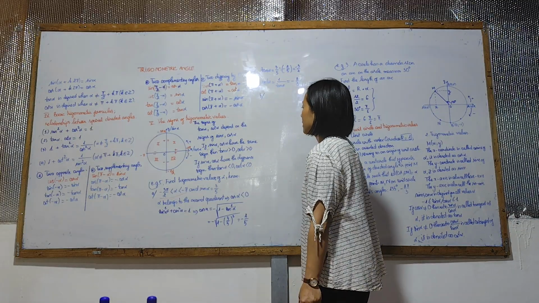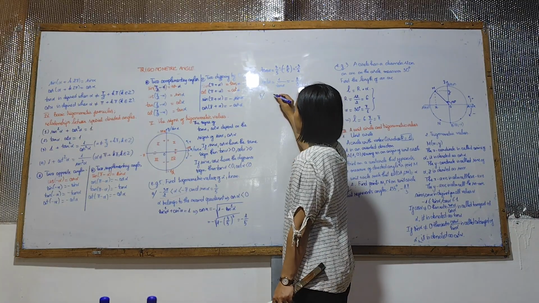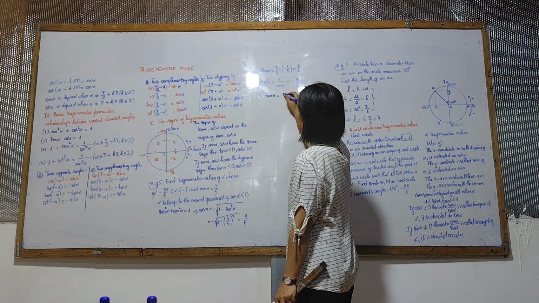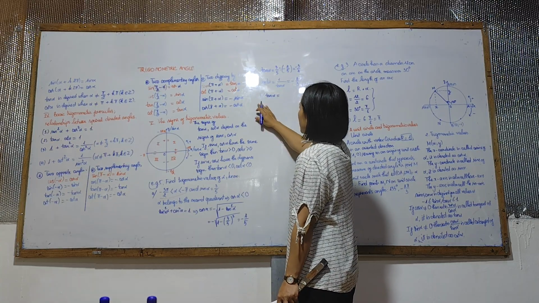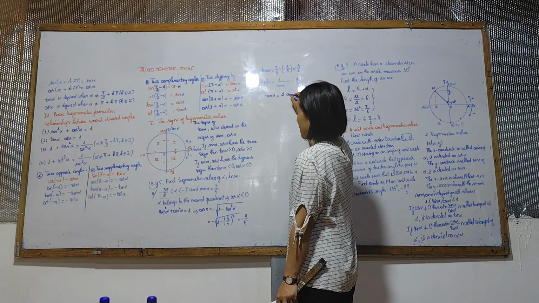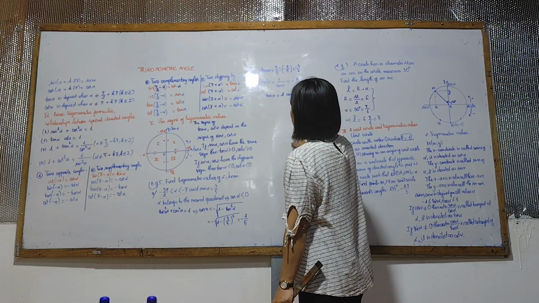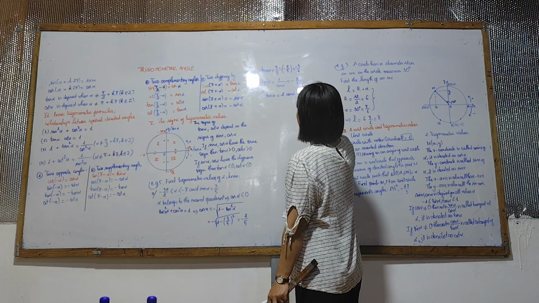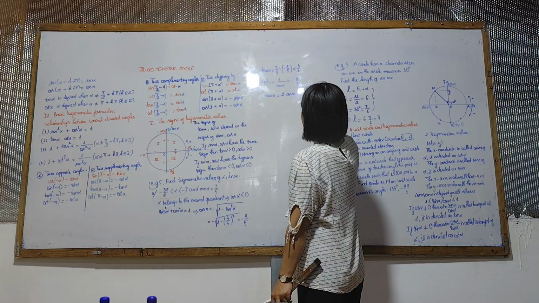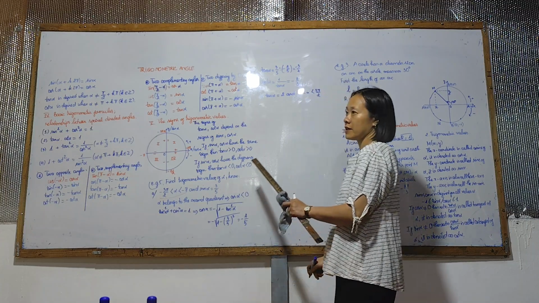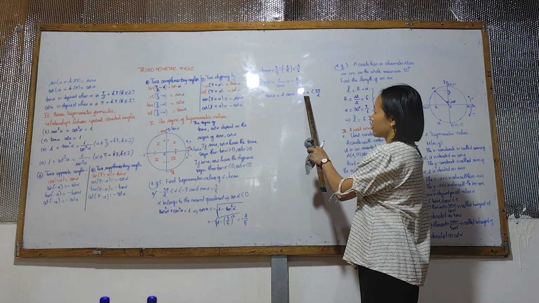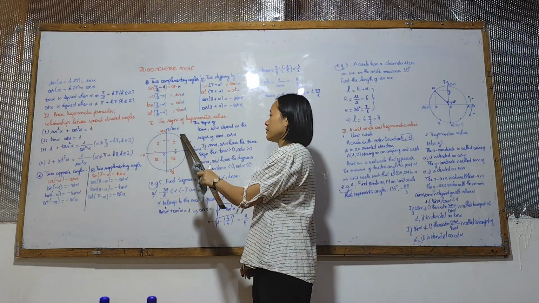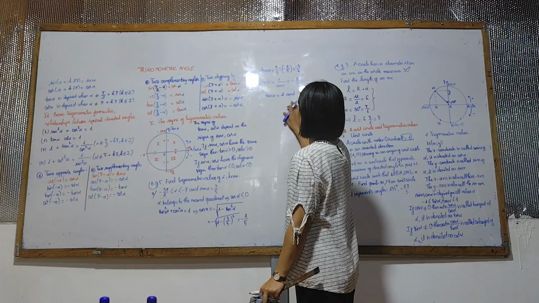B. We have tangent alpha equals 2, and pi less than alpha less than 3 pi over 2. We can see that we sweep out the angle in the positive direction.